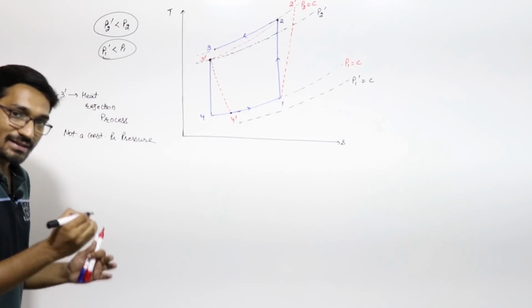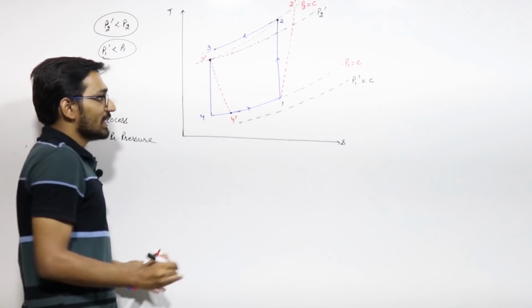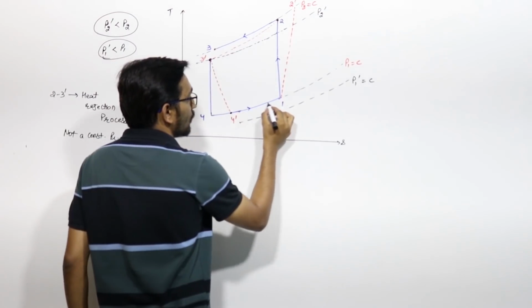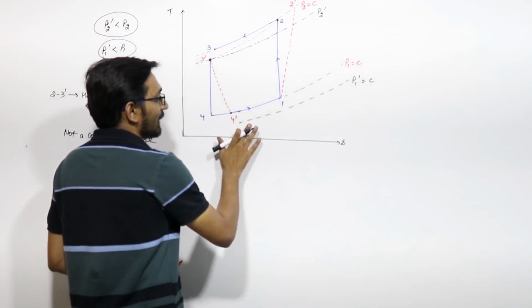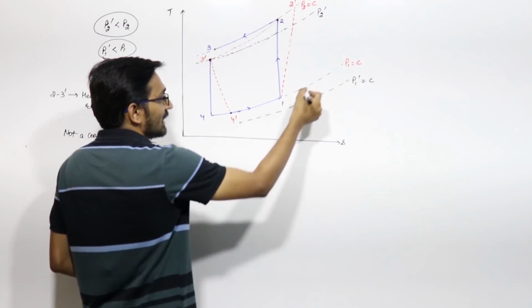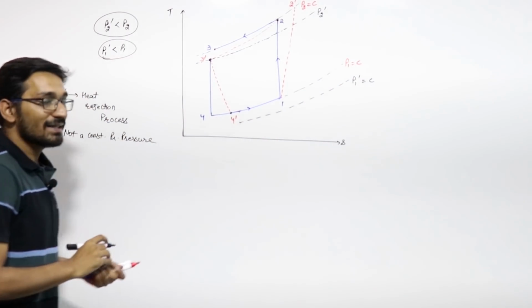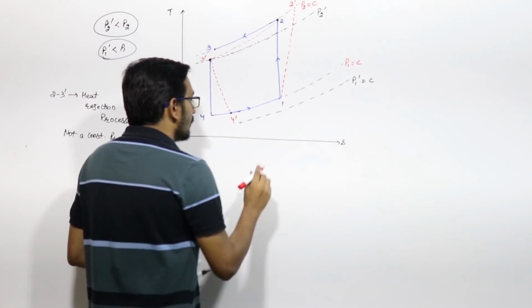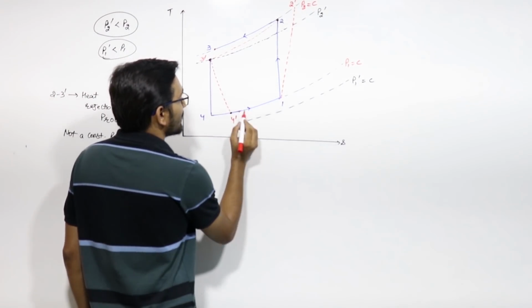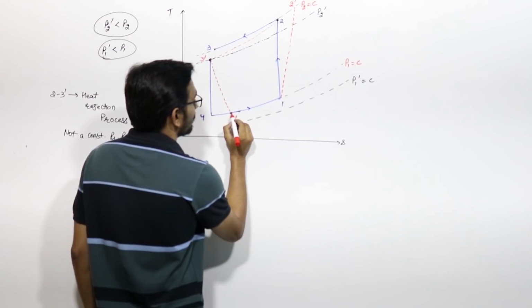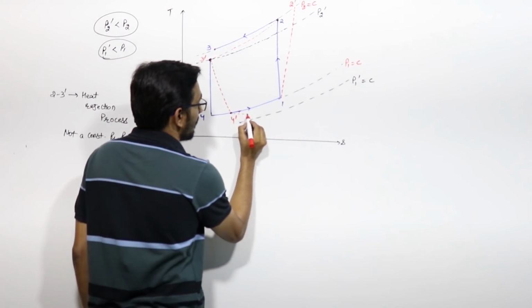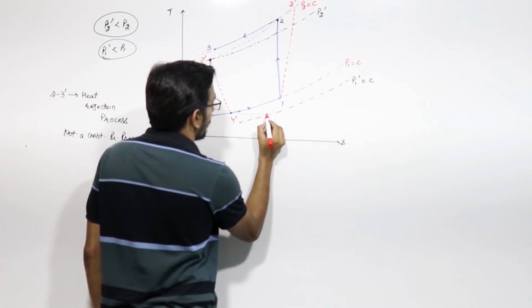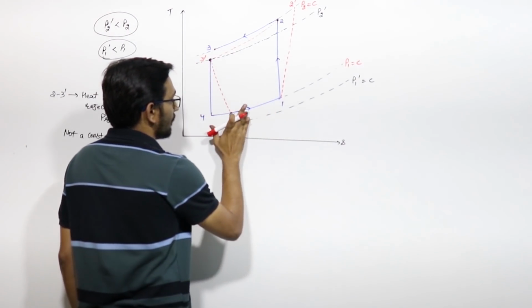If it is reversible, no losses, then the process will be this 4 dash to 1. But if it is irreversible, then the pressure is reduced. So let us say the pressure is reduced up to P1 dash. Now the process will be like this.